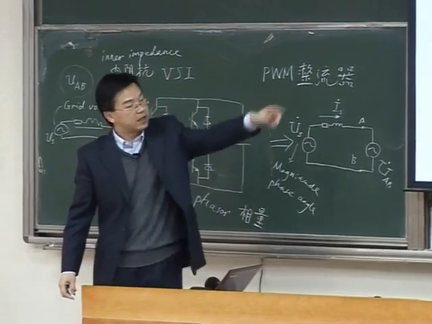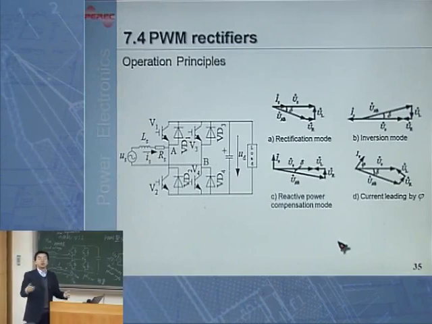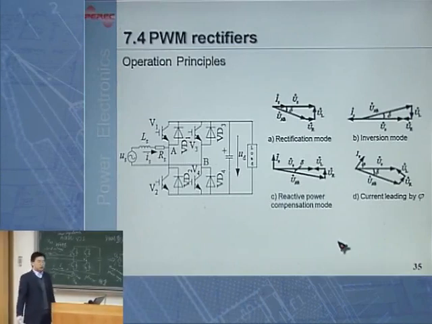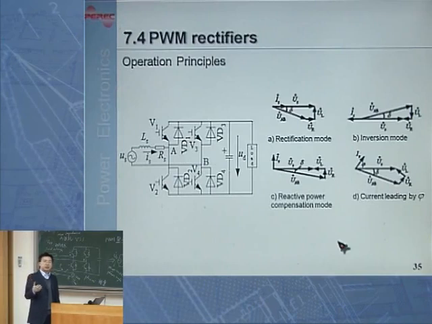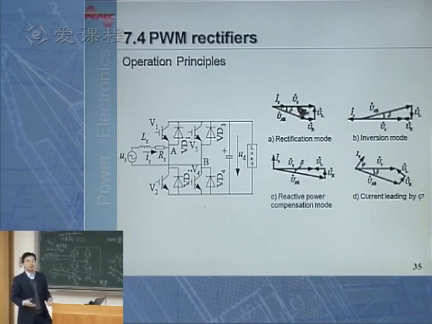And on the right-hand side of the screen, you can see there are different cases when we control the magnitude and phase angle of this current under different modes. Let's see, in case A, you can see this IS can be controlled so that it has the same phase angle as US.